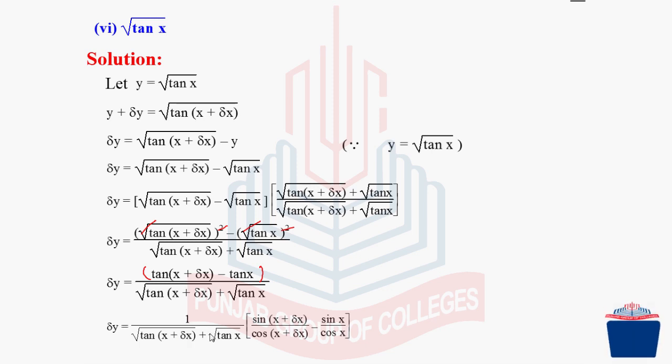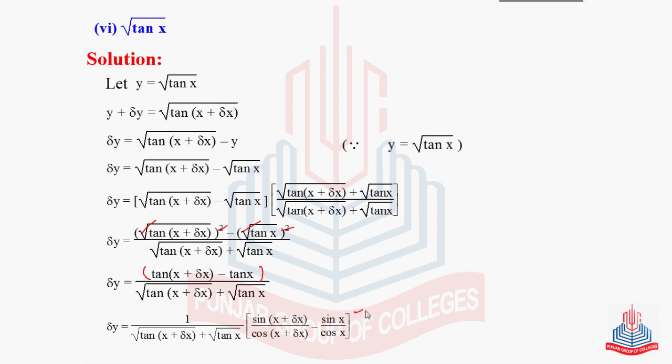But when we apply the limit in the numerator, delta x approaches 0, that will become tan x minus tan x, which is actually 0, and 0 divided by something will become 0.